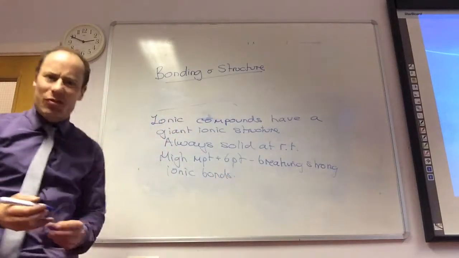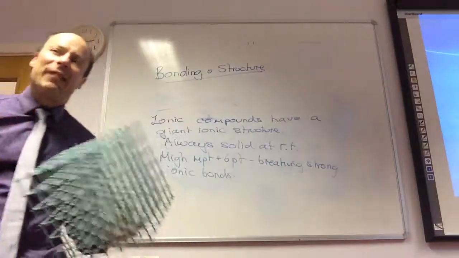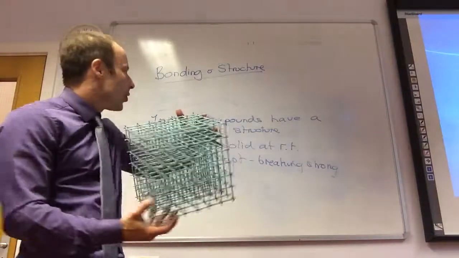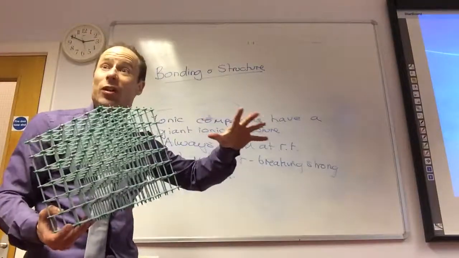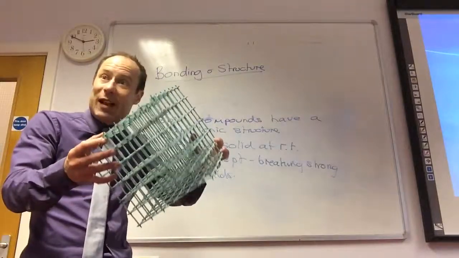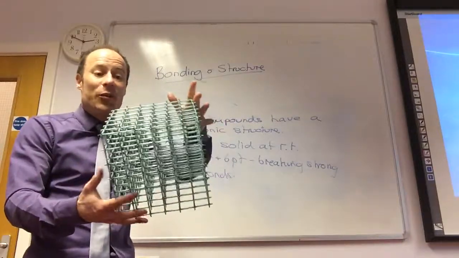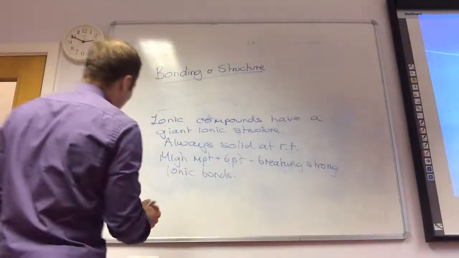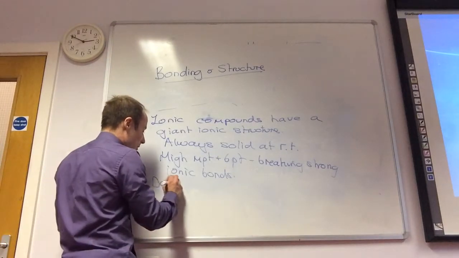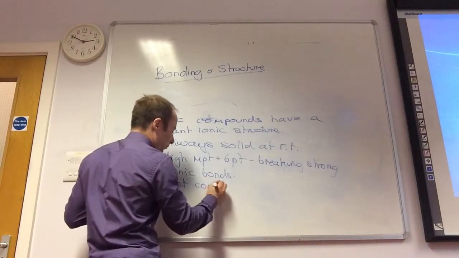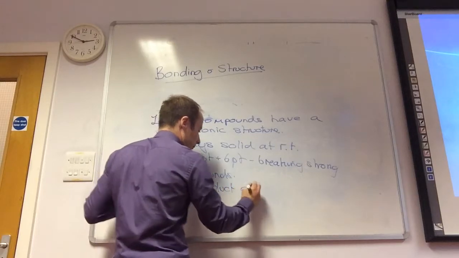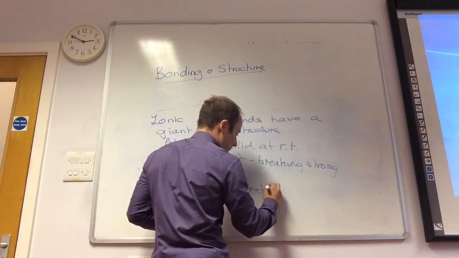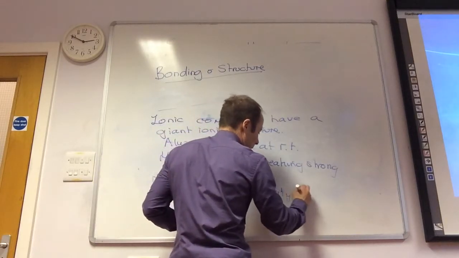Will they conduct electricity? Well, in a solid state, you need a charge carrier to conduct electricity. So although I've got ions that are charged, in a solid they're trapped, they can't move. But if I was to dissolve this in water, or it's molten, I can. So they do not conduct electricity when solid.